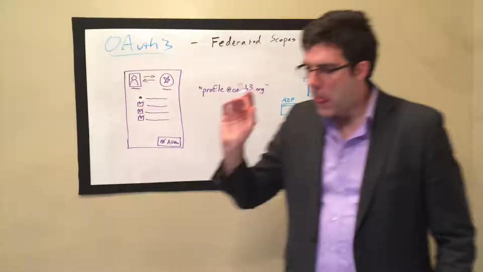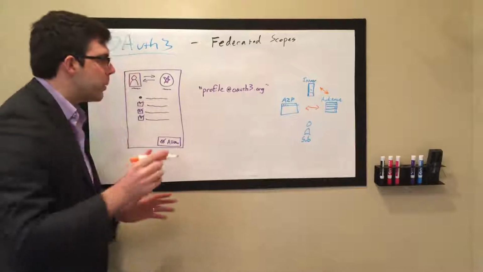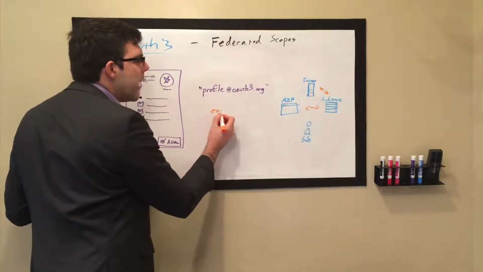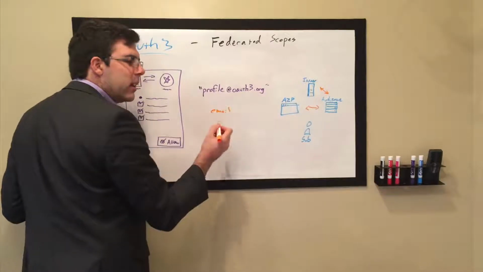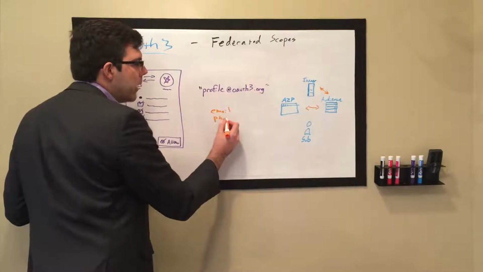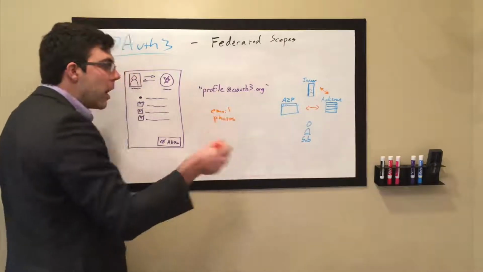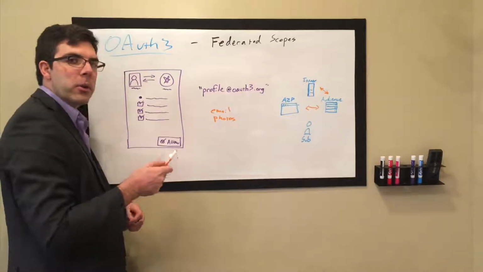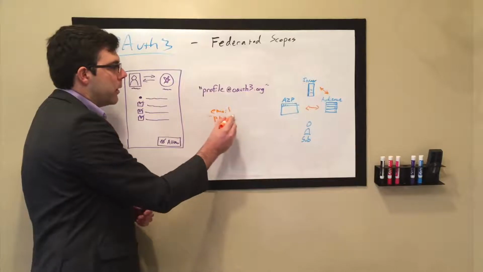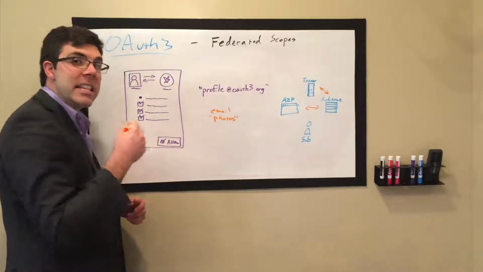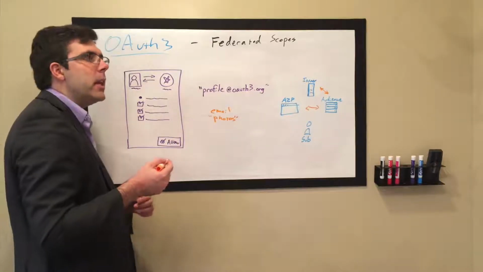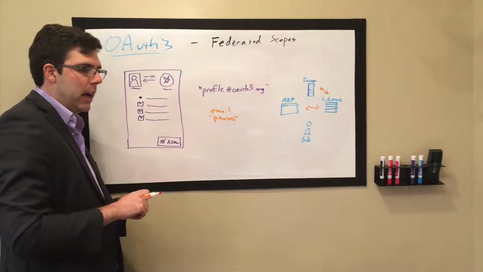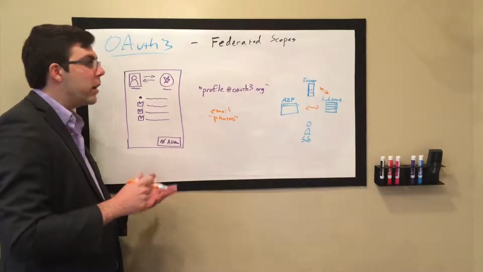So, in the case of Facebook, there's a scope I think is called email. There's another one I think is called photos. There's another one that has another name. The problem is when I'm signing into Facebook, Facebook might use the name photos, and that represents a different data schema than if I sign in to another provider, say Google, right?